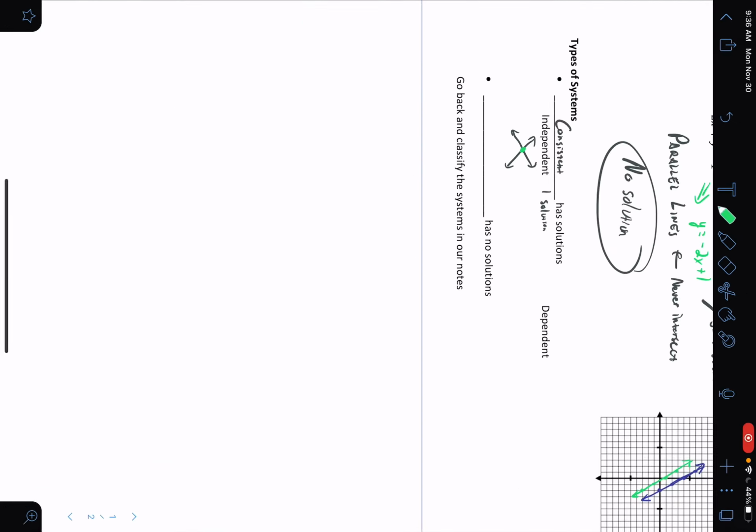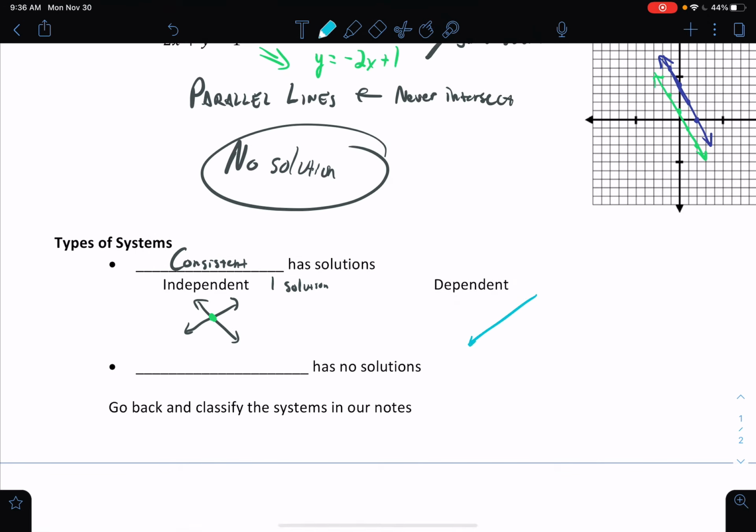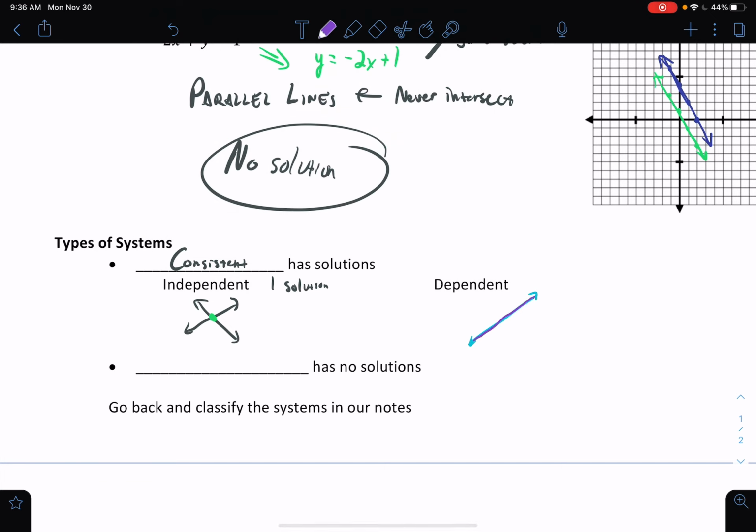We could have a dependent system, which is two lines that intersect all the time, so infinitely many solutions. That happens when they're the same line.